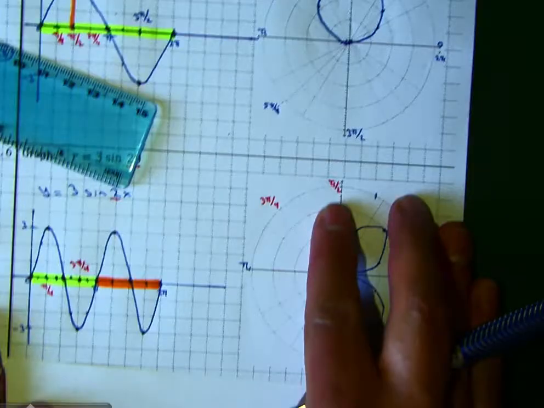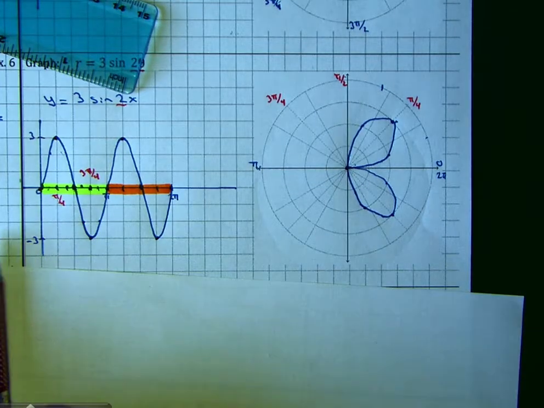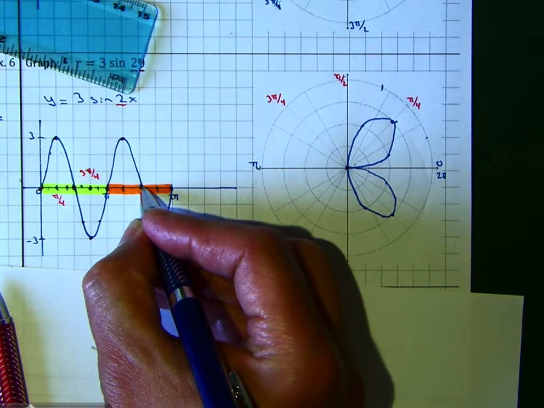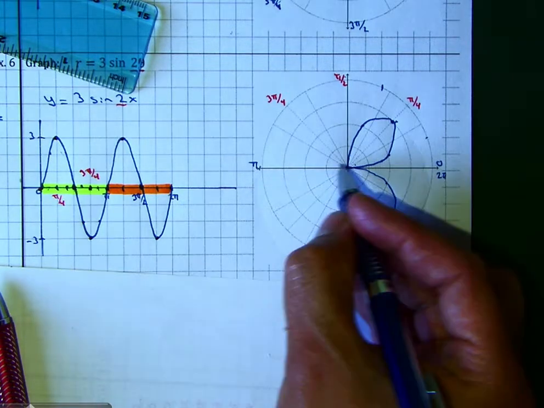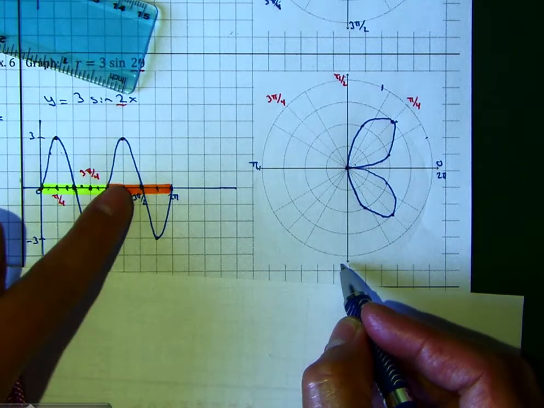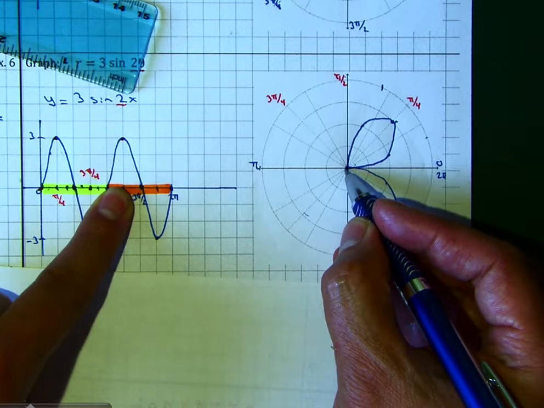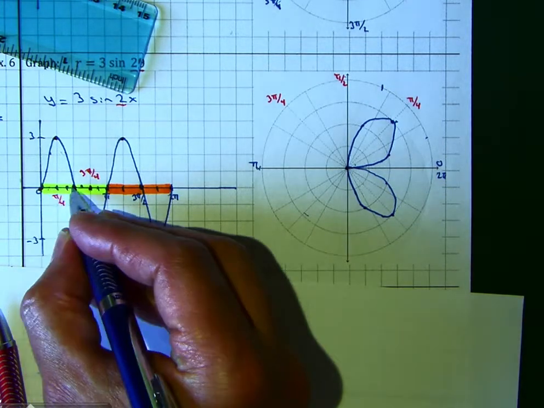So now let's continue with another rotation. Another rotation will be from pi to, what is this location? This is 3 pi over 2. So from pi to 3 pi over 2 is positive, so therefore it's going to be over here. So let's say this is 1/4, 2/4, 3/4, 4/4.